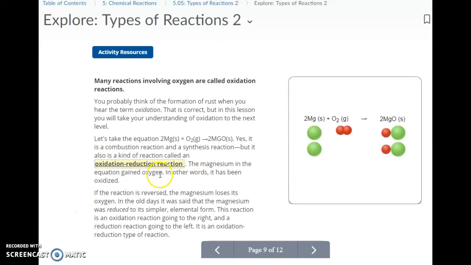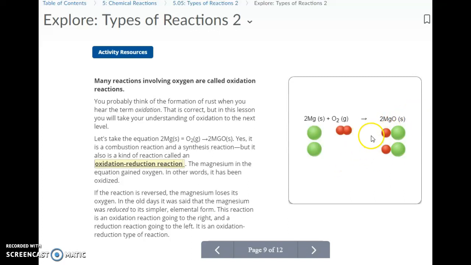So the magnesium gained oxygen, so the oxygen attached to it, so we say the magnesium was oxidized. If the reaction is reversed, so if we turn it into a decomposition reaction, the magnesium loses the oxygen, they separate out, and we would say that the magnesium is reduced.